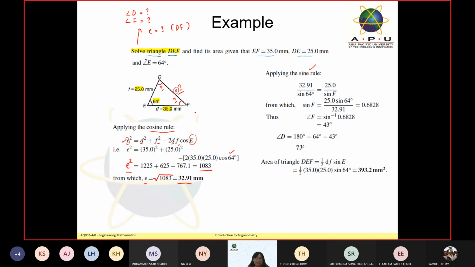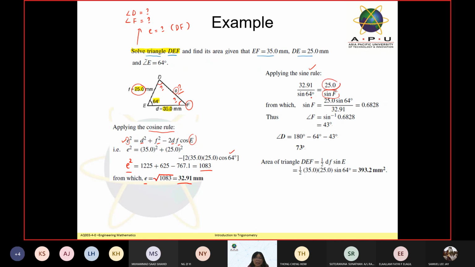Since you want to find one angle, you need the other two sides and another angle. Let's say we start with angle F. So sine F, then the corresponding side for F is 25, so you substitute 25 at the top.